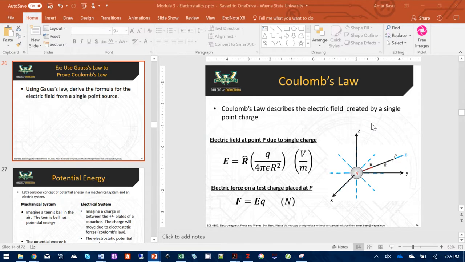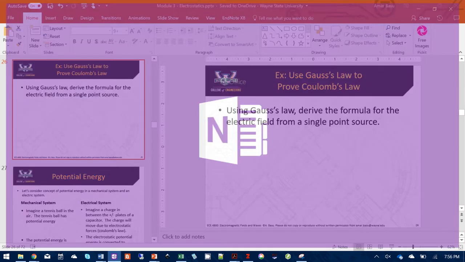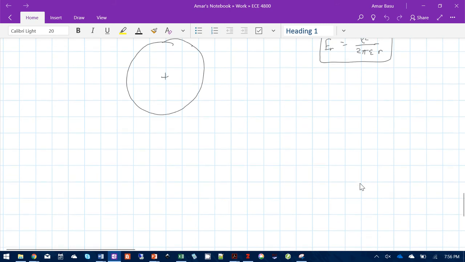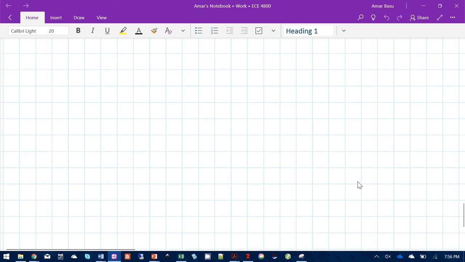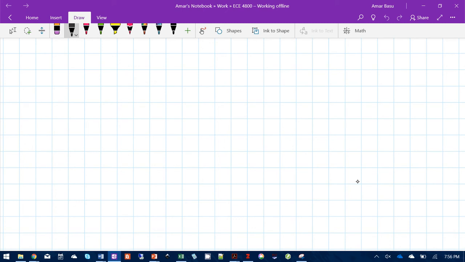All right, thoughts? Let's write down Gauss's law first.